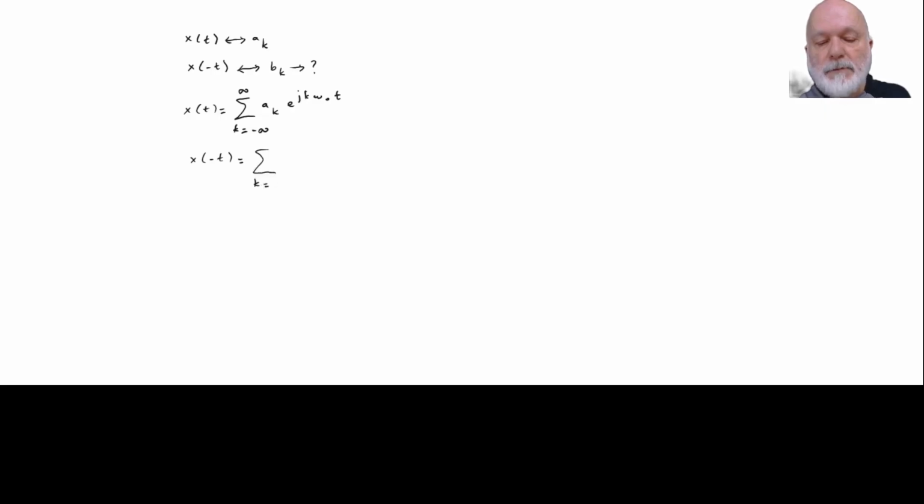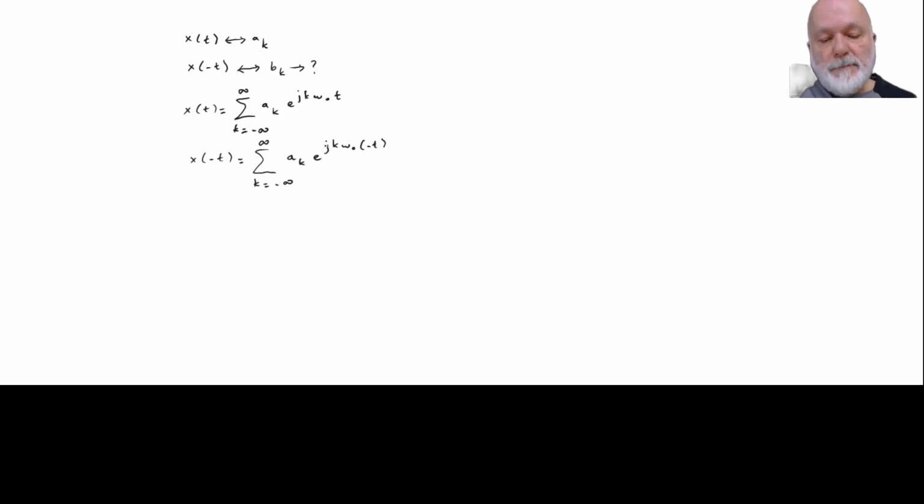So we have the sum over k from minus infinity to plus infinity of ak e to jk omega 0 times minus t.